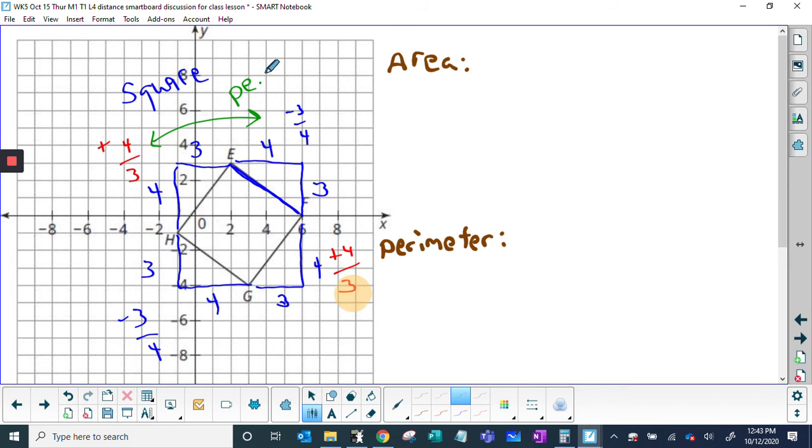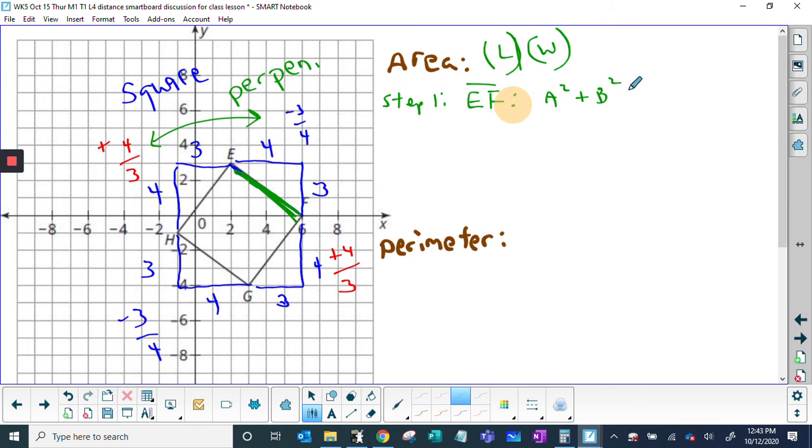So perpendicular. All right. Now to find the area, length and width, well, now we have to actually find one of these lengths. So let's just use EF. Step 1. We have to locate EF, the distance. Well, we have a new method, right? We have a squared plus b squared equals c squared.